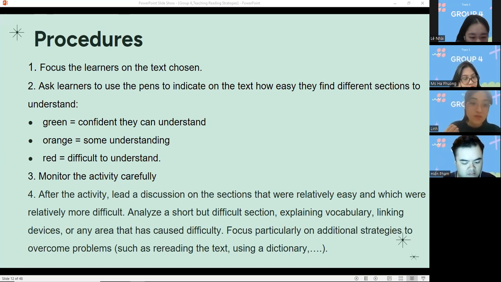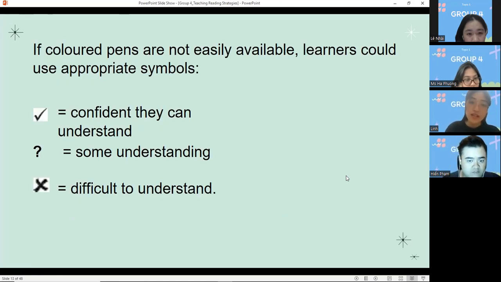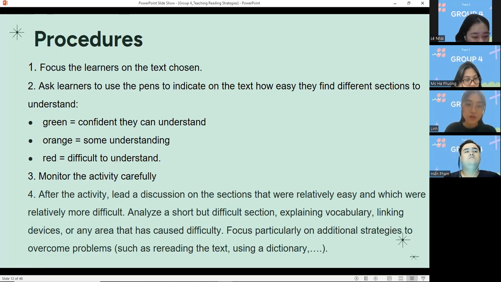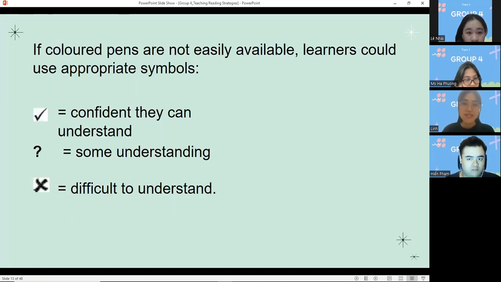After that, the teacher can monitor the activity carefully, and based on the colors that the learners choose, they can decide which sections of the reading were easy or difficult for learners, and based on that, they can find the following strategy to help learners in their reading comprehension. Also, if we do not have color pens, we can replace them with symbols like a tick, question mark, or X.